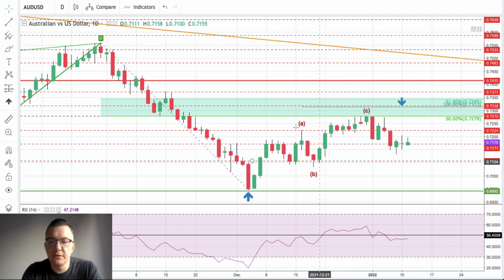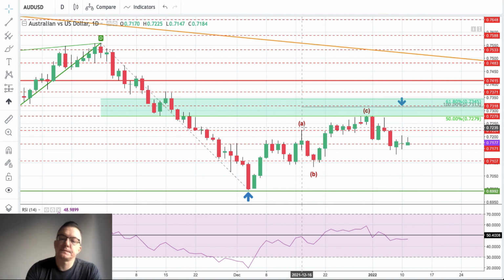This is a three-wave pattern, which means it is a corrective pattern. It's a little bit under the 100% of the market geometry levels: wave A equal to 100% of wave C, or wave C equal to 100% of wave A.